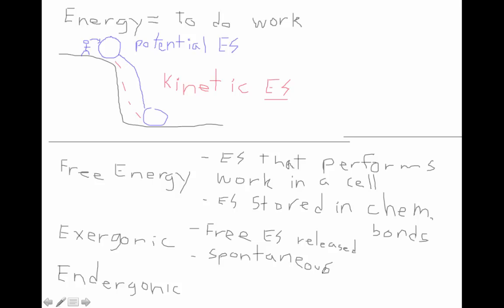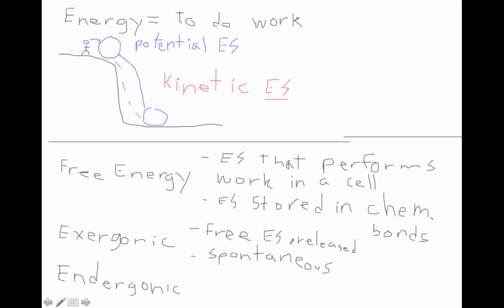What I mean by spontaneous isn't that it occurs really quick, but that it doesn't require energy for this to happen. It's energetically favorable for these kinds of reactions to occur. And that's why it releases energy. It doesn't use energy. And the way I remember this is that I think of EX for exit, and so this is free energy that is being released or exited by the reaction.